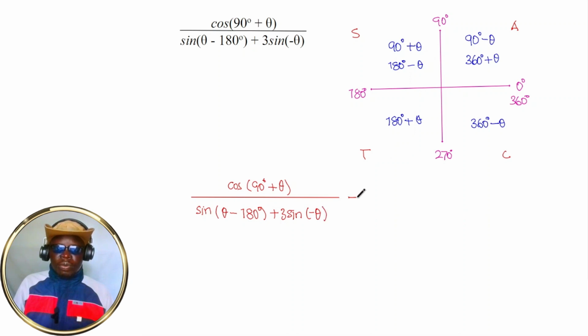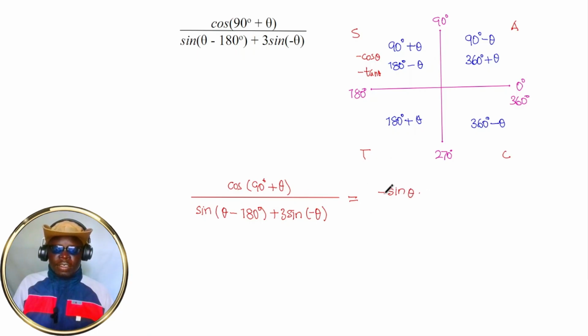Having written this, we can start now the solution by looking at this angle, and that is in the second quadrant. So since it is cosine, then we'll consider it as negative here. Cos is negative in this quadrant, and tan is also negative at this quadrant here. For cofunction, once you're given cosine, we can write its opposite, and that is sine. So here we have negative sine of the angle theta.